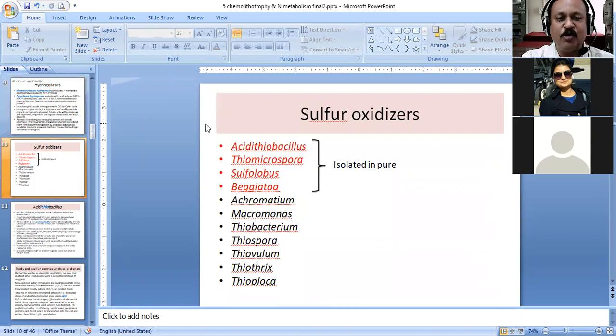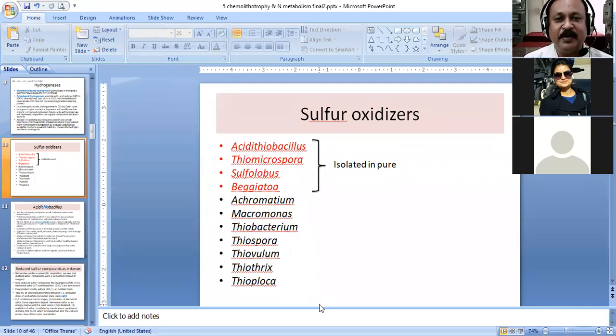Then we go to another important donor of electrons, which is sulfur compounds. Different sulfur compounds can serve as electron donors, and all the organisms which can use sulfur compounds as the electron source are called sulfur oxidizing bacteria or sulfur oxidizers. Just remember that in the last unit, in anaerobic respiration, we discussed sulfate reducing bacteria.